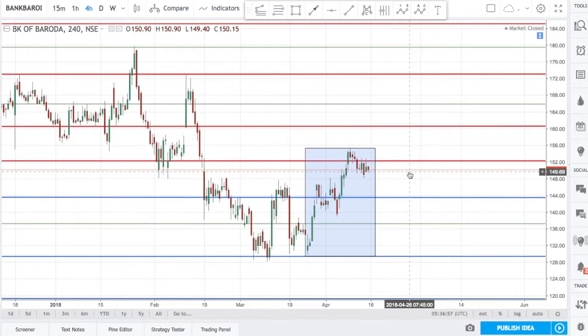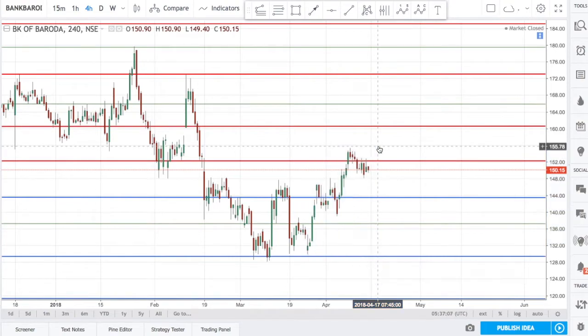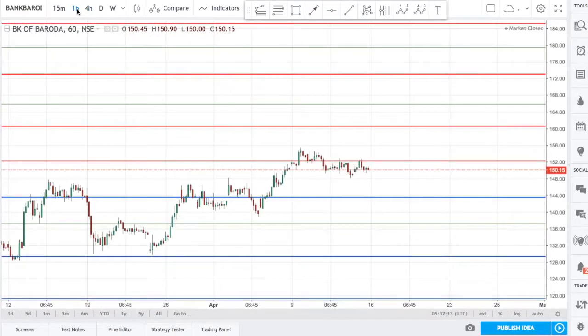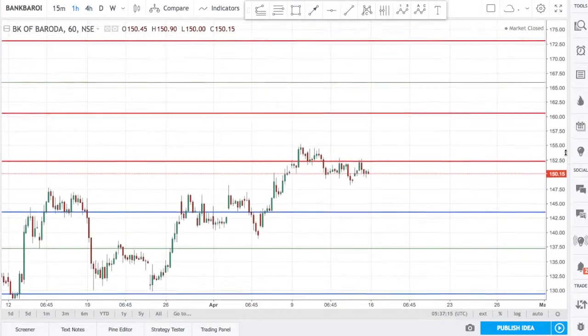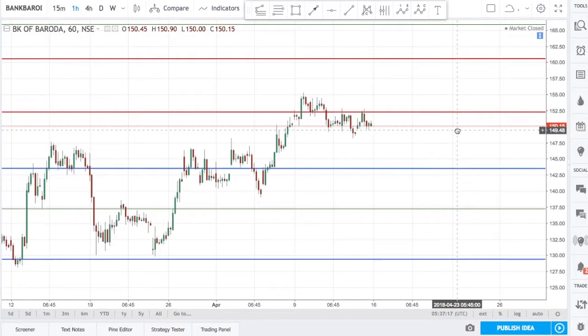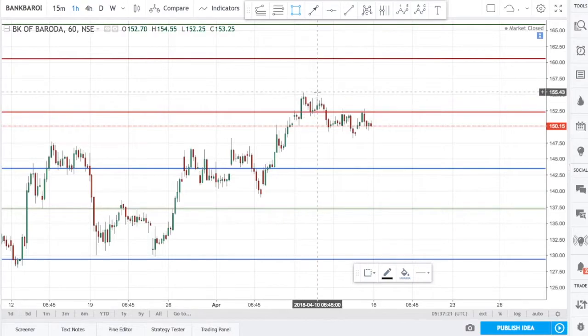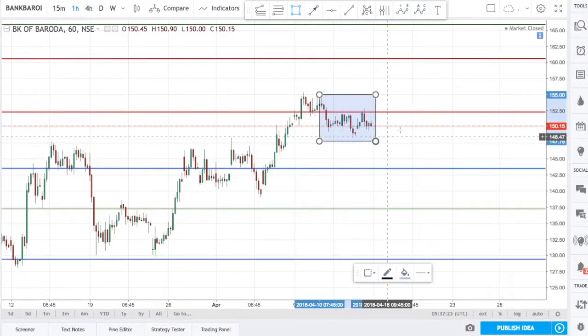Let's see how to spot this shorting opportunity. For a clearer picture, I am dropping down into a 1 hour time chart. This is our 1 hour time chart on Bank of Baroda. I want you to focus only on this portion here.